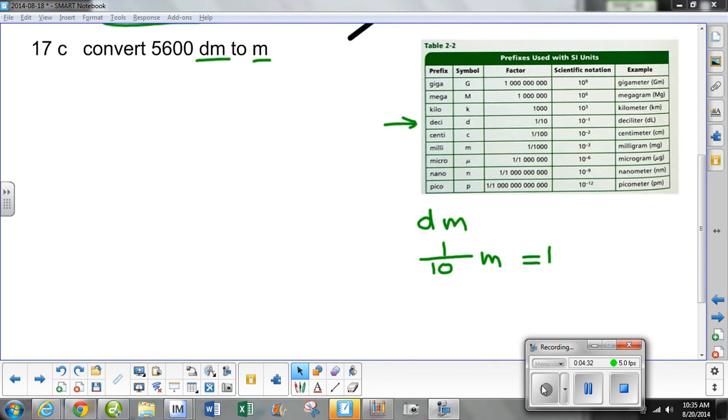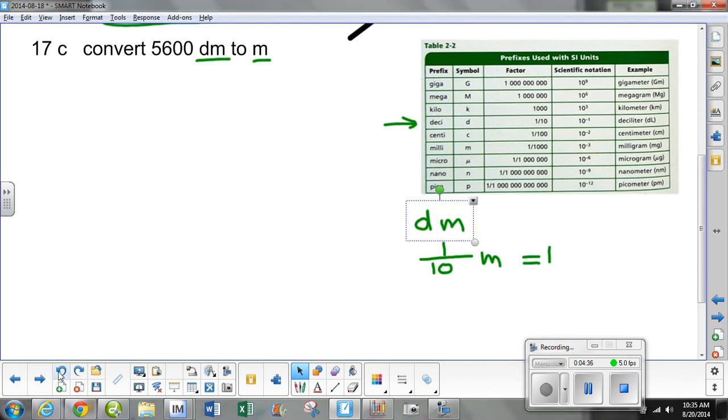When you see it lined up here, you will see that the meters line up. Meter here, and deci, 1 over 10, and this is equal to 1 decimeter.